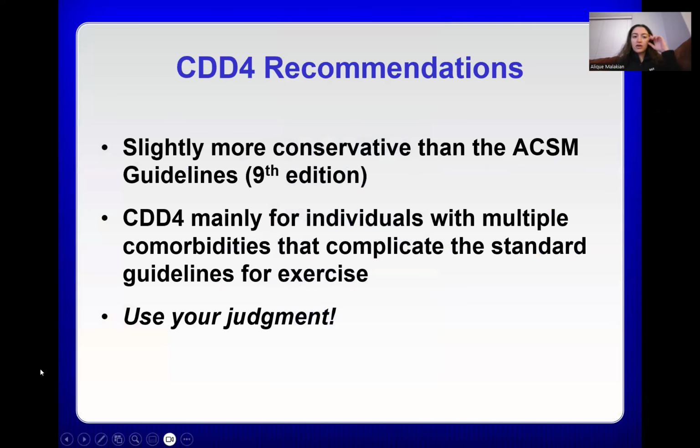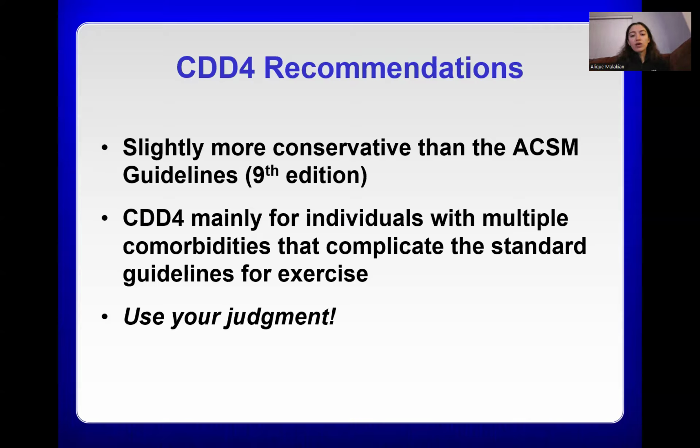All right, so here's a little bit of background for the CDD4 recommendation. Again, if you missed it in chapter 1, anytime I mention CDD4, that's our textbook. It was basically written by a panel of experts in this field who deal with chronic conditions and the research with it. So they all developed it together.